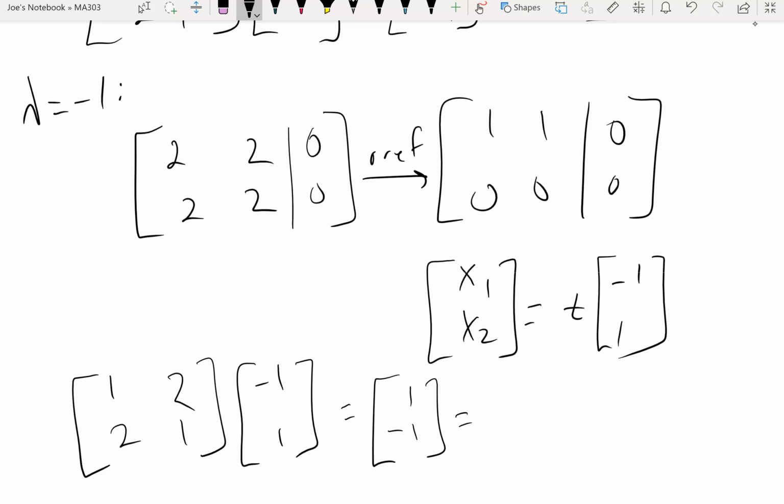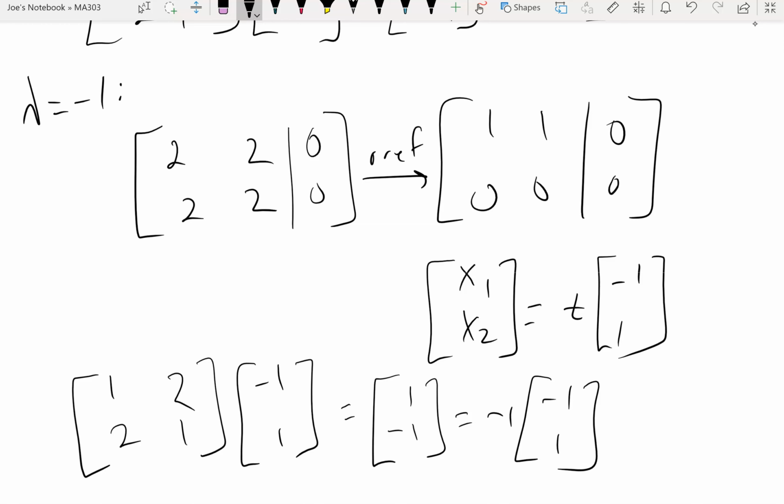Does that make sense with what I should have gotten? Because what should it be? If this is an eigenvalue and eigenvector situation, what answer should I have gotten? Negative 1 times the vector we plugged in, right? Are those the same thing? Yeah. Again, any constant multiple of this vector will have the same result.